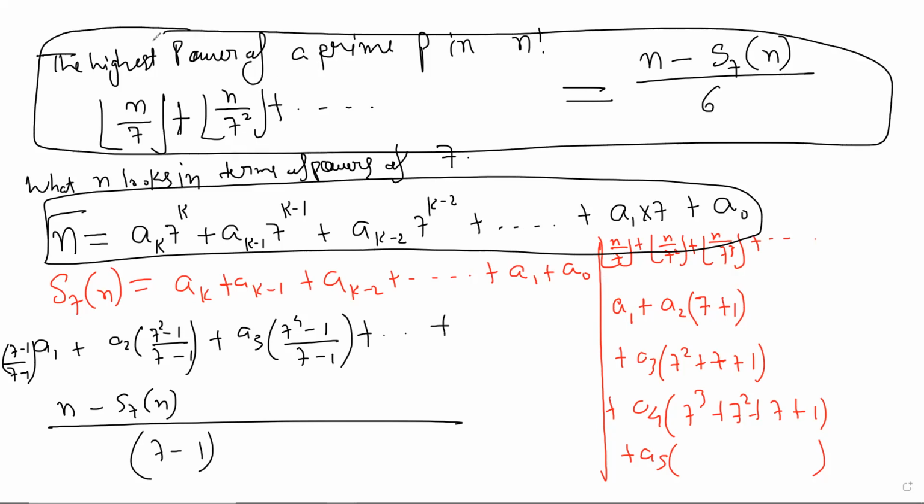We'll later on see other ways to find the highest power of a prime in a factorial, maybe in other interesting ways. But this base will appear there also maybe. Okay. So that's what this is.